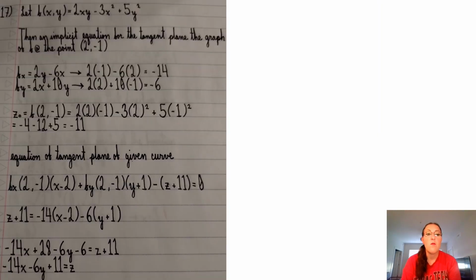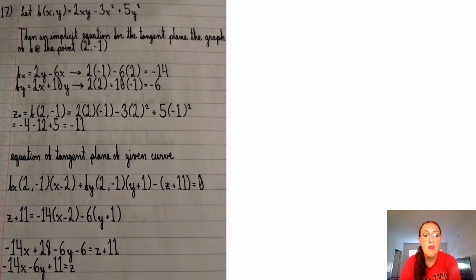Let f(x,y) equal 2xy minus 3x squared plus 5y squared. Find an implicit equation for the tangent plane to the graph of f at the point (2, -1). f_x equals 2y minus 6x, which gives us 2 times negative 1 minus 6 times 2, which equals negative 14. f_y equals 2x plus 10y, which gives us 2 times 2 plus 10 times negative 1, which equals negative 6. z naught equals f(2, -1) equals 2 times 2 times negative 1 minus 3 times 2 squared plus 5 times negative 1 squared.